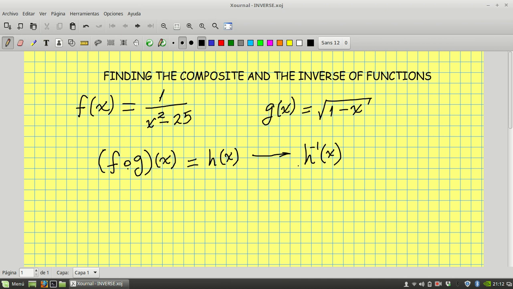So what is the composite? The composite is to take the new variable. So instead of x we're going to set g(x), so it means that we're going to set root of 1 minus x.